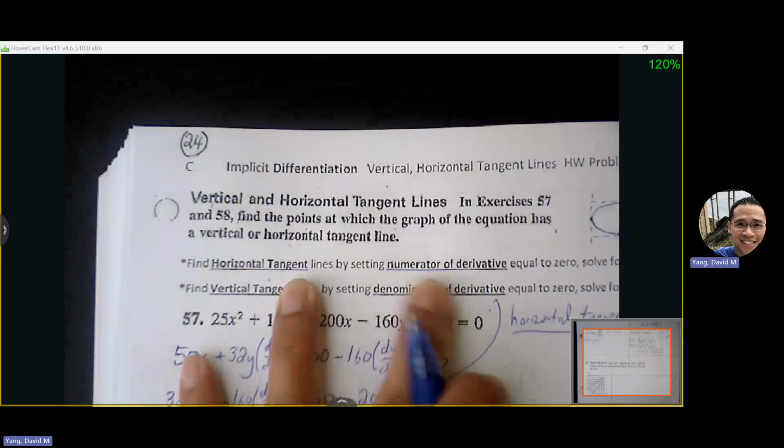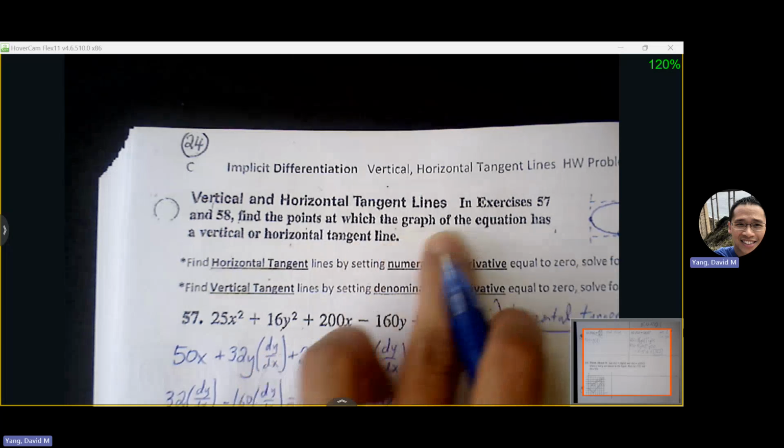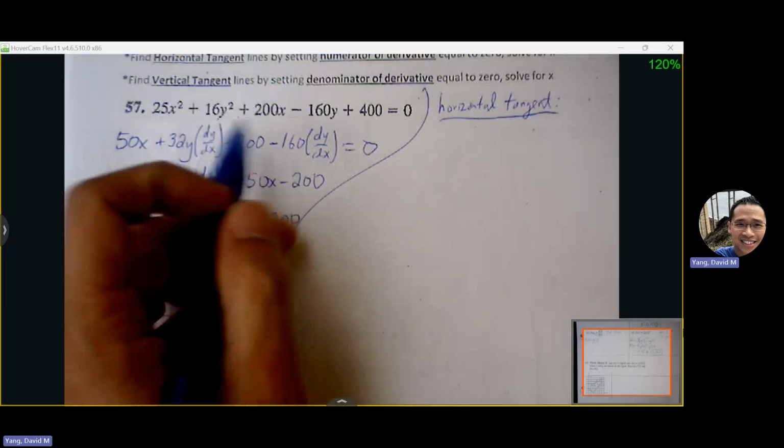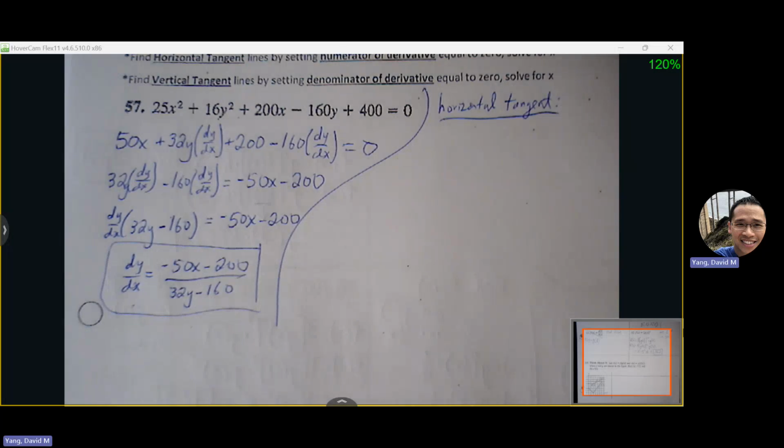The direction says find the points at which the graph has a vertical or horizontal tangent. So after we find our x or y value, we have to plug it back into the original equation to find the corresponding x or y value.